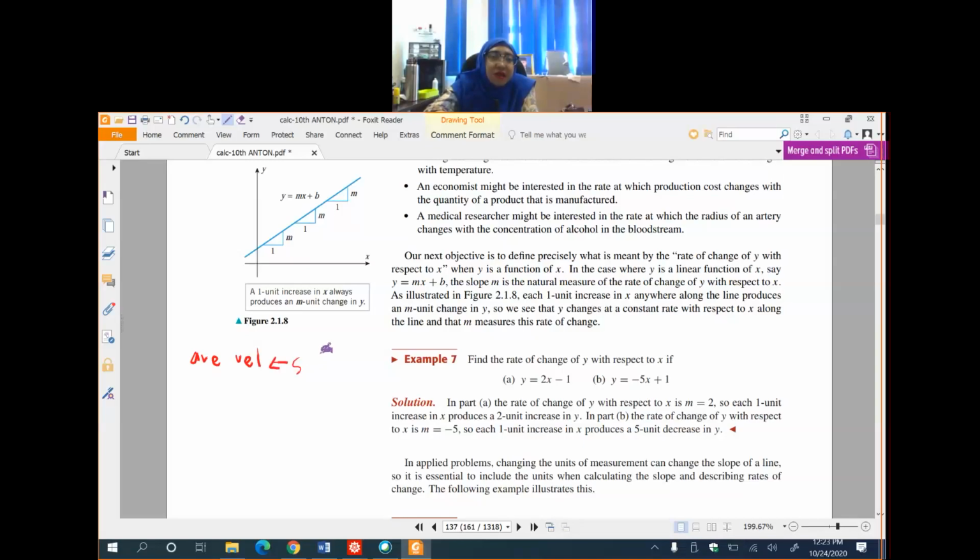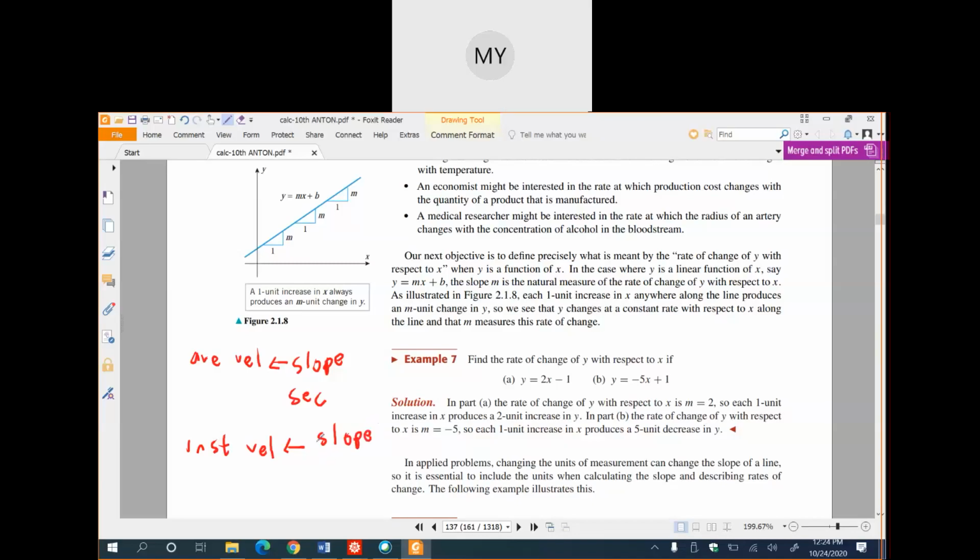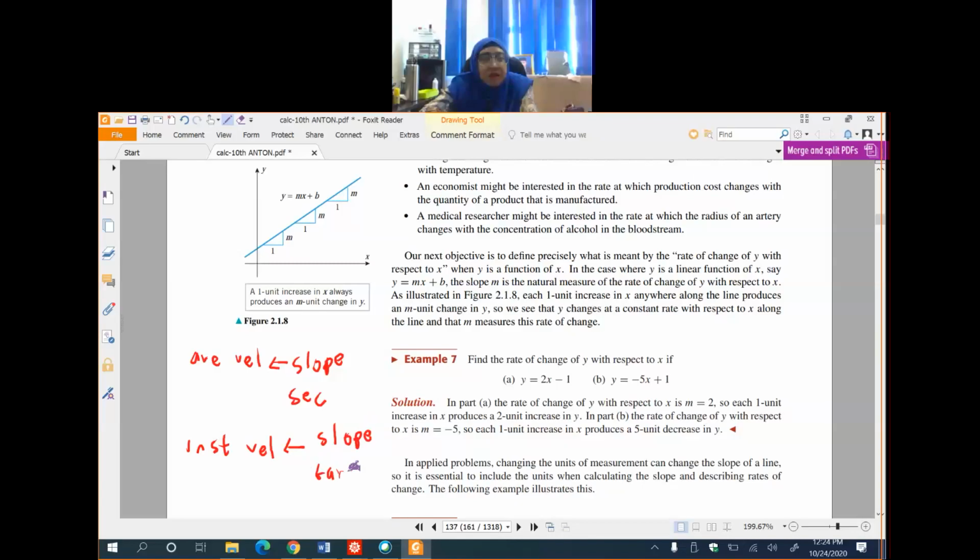Average velocity, slope of the secant line, and then for instantaneous velocity, this is for the slope of the tangent line.